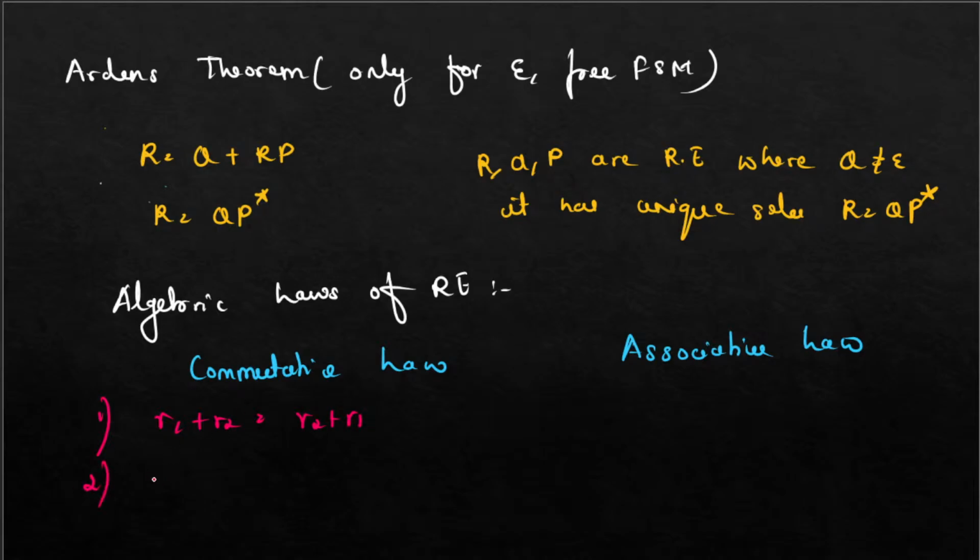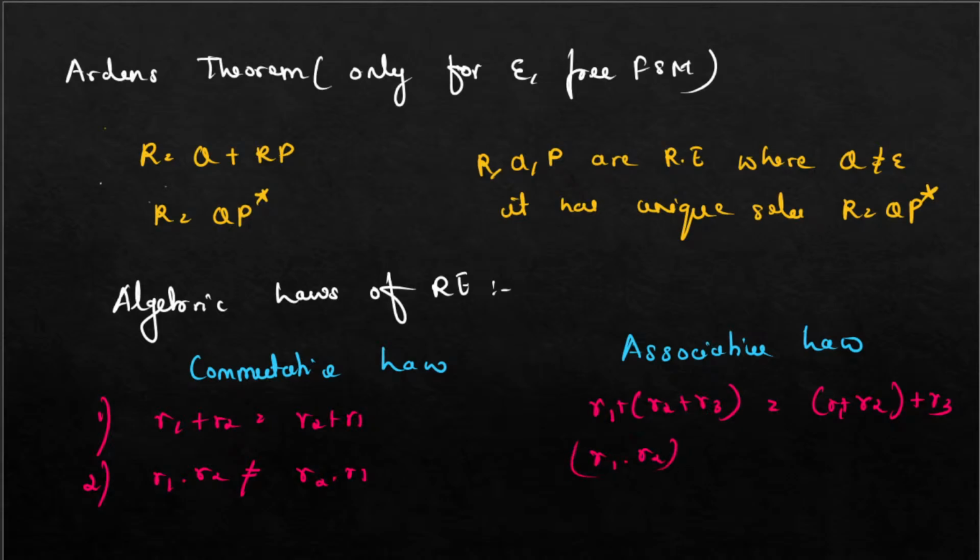Second is R1 into R2, which is not equal to R2 into R1. After that, for associative, R1 plus (R2 plus R3) equals (R1 plus R2) plus R3. And R1 into (R2 into R3) equals (R1 into R2) into R3, like this.